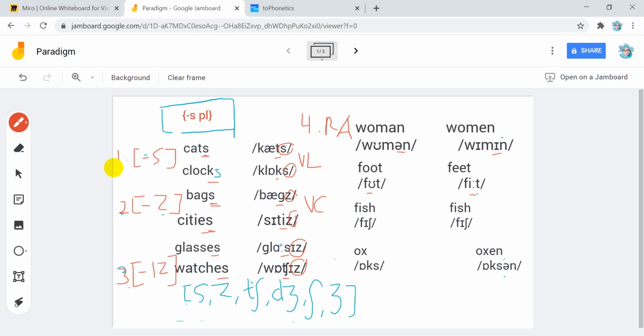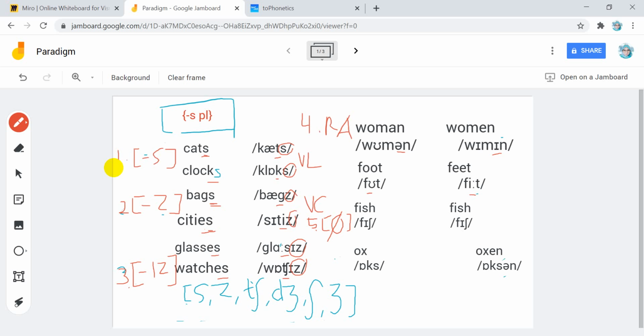So here, in this case, we have the fifth paradigm, which is called zero morpheme. We call it zero morpheme because there is no change at all. This is number 5.